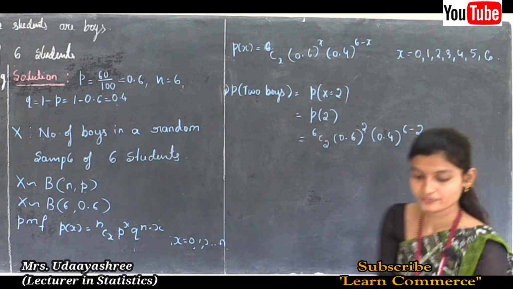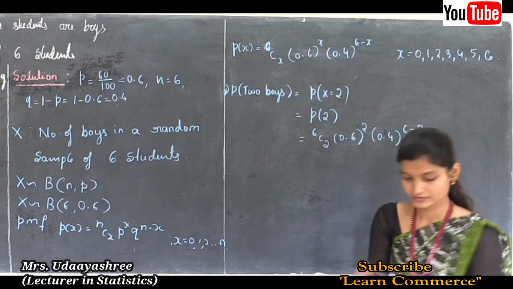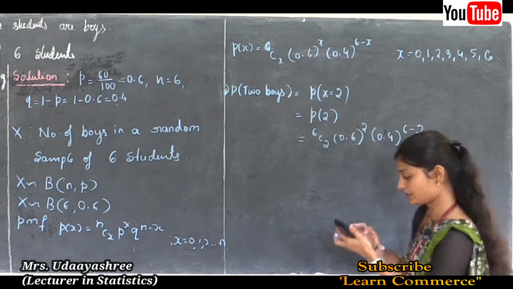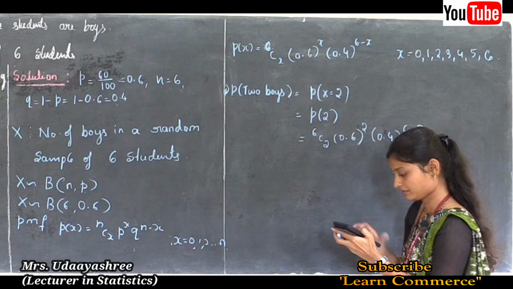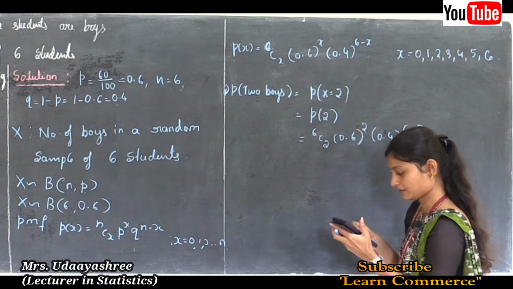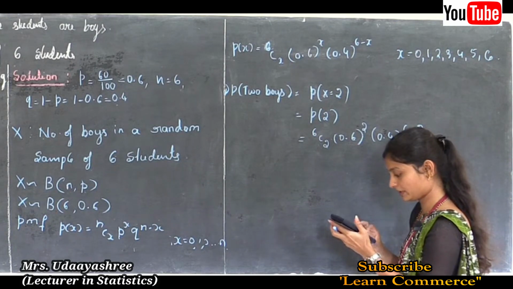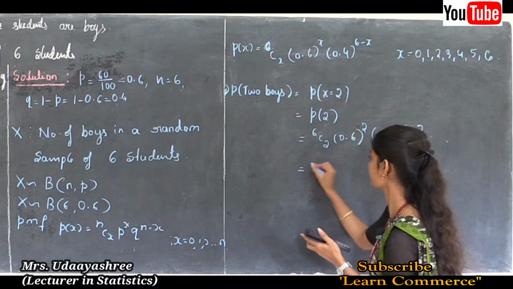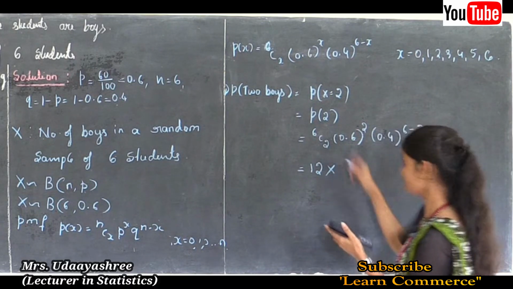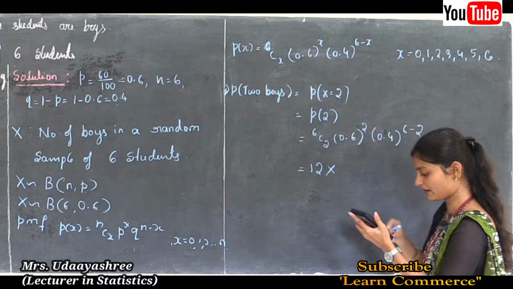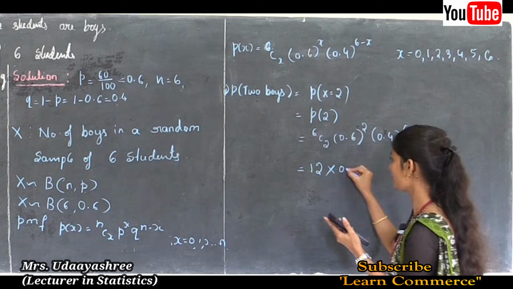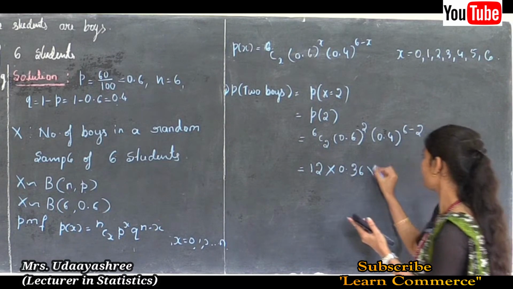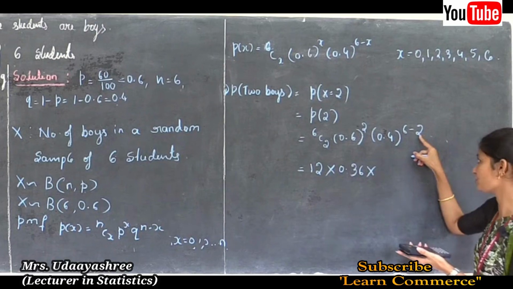Now here 6C2 is 15, into 0.6 to the power 2 is 0.36, into here 6 minus 2, that is 4.